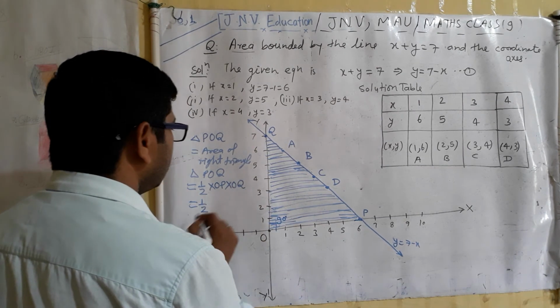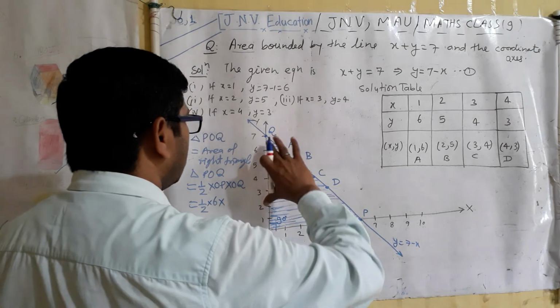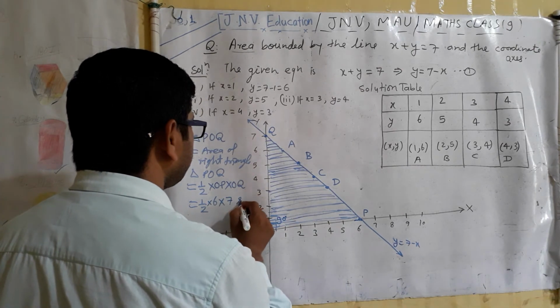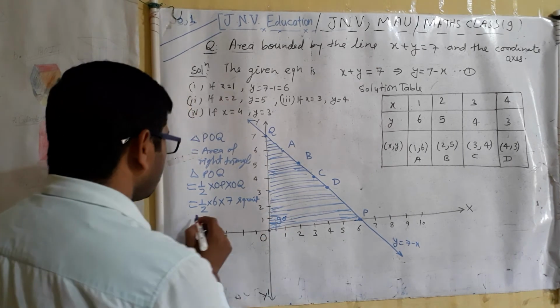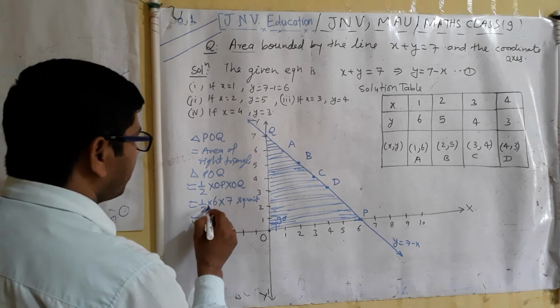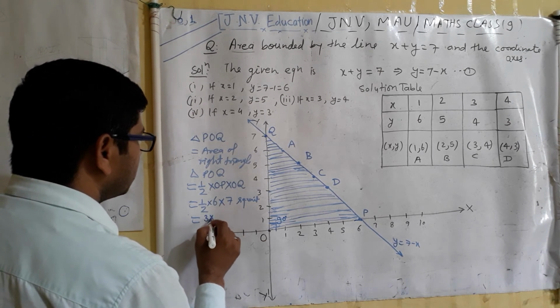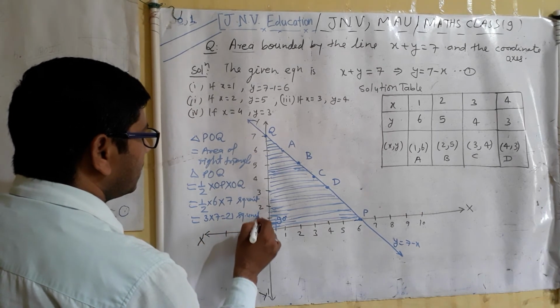Can you tell me how much is OP? OP is 6 and OQ is 7 square unit. So this is how much? 2 will cancel. So 3 into 7, that is 21 square unit.